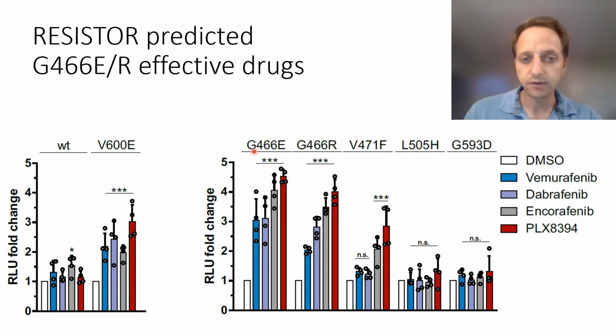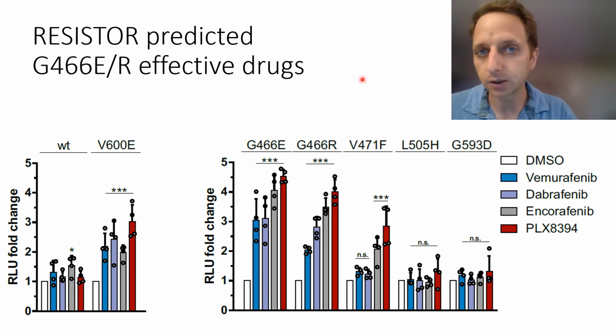So excitingly, for G466E and G466R, we found that all four drugs continued to work for those two mutations. So we got 3 of the 4 drugs correct. The one we didn't get right was dabrafenib, and we think we didn't get dabrafenib right because we probably started with a structure that wasn't exactly correct.